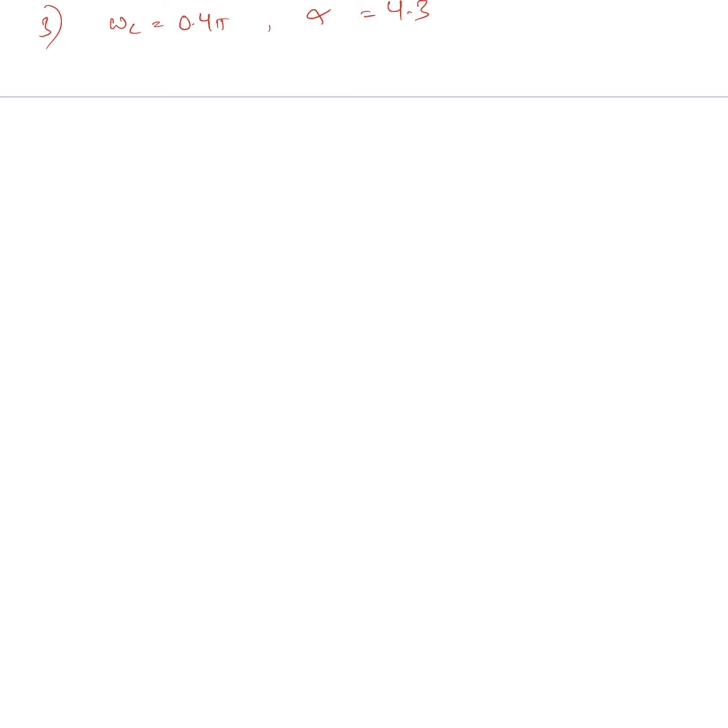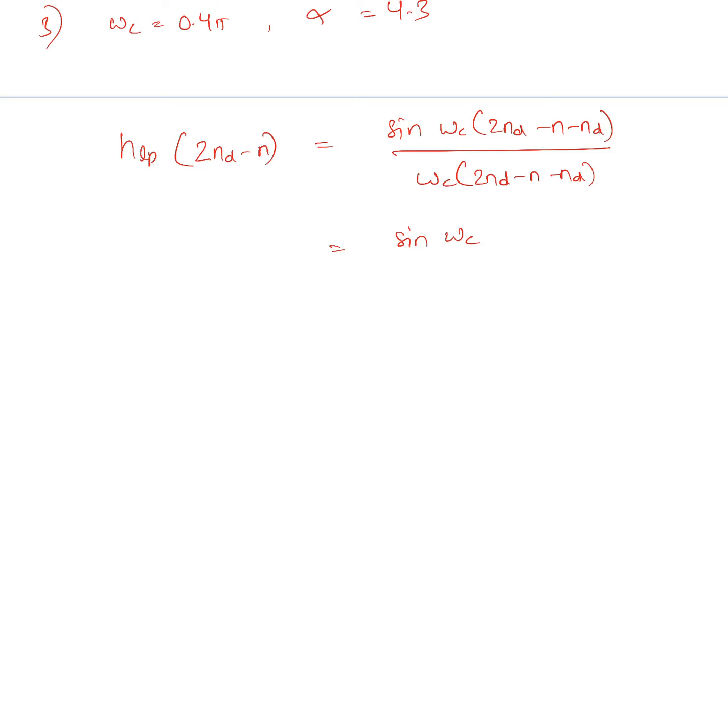So if I compute this HLP as 2nd minus n, where nd is my alpha, an integer equal to 5, then your impulse response is given by sine omega c (2nd minus n) divided by omega c (2nd minus n), which is then simplified to sine omega c (nd minus n) over omega c (nd minus n).